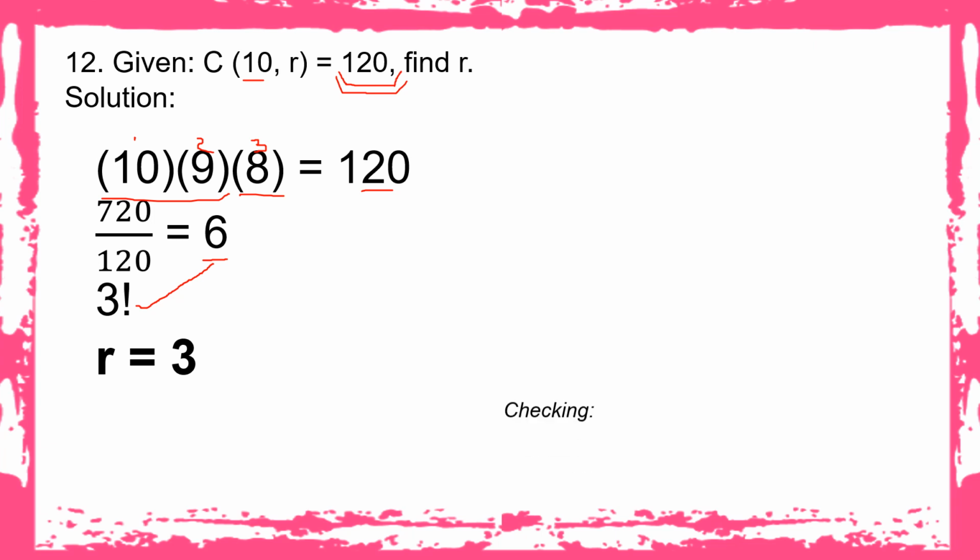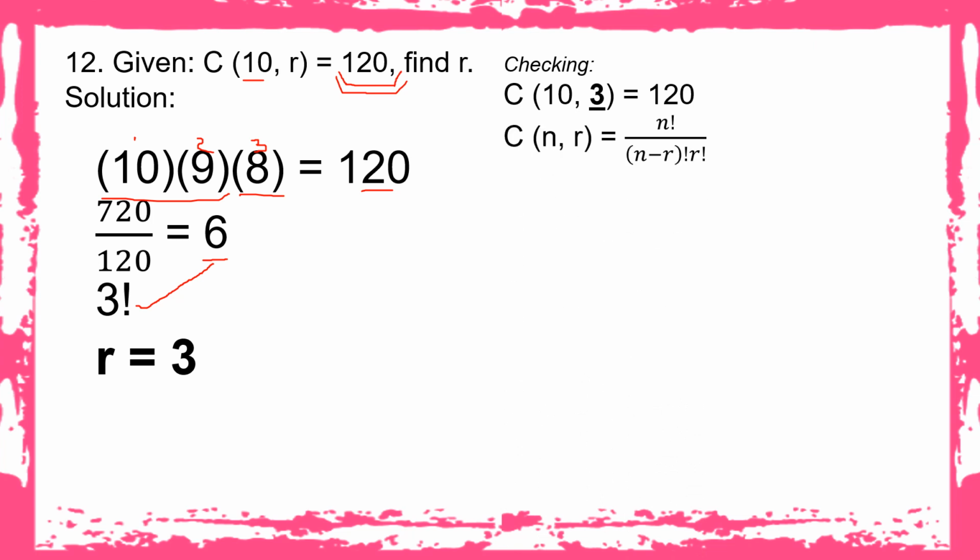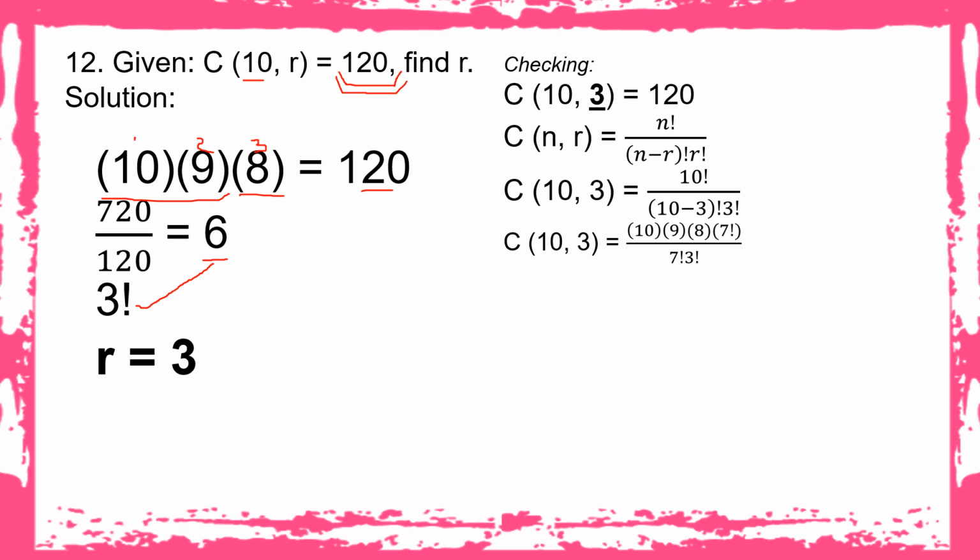And if we are going to check if our answer is correct, we have combination of 10 taken 3, which must be equal to 120. Let us check using the combination formula. By substitution, we have 10 factorial over 10 minus 3 factorial multiplied by 3 factorial. Simplifying 10 factorial, we have 10 times 9 times 8 times 7 factorial.